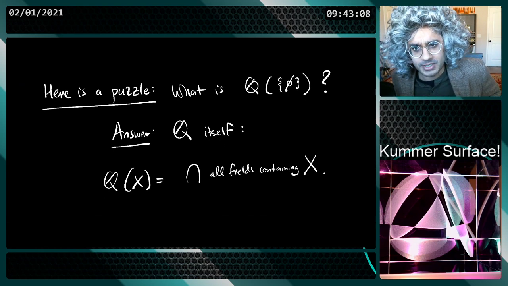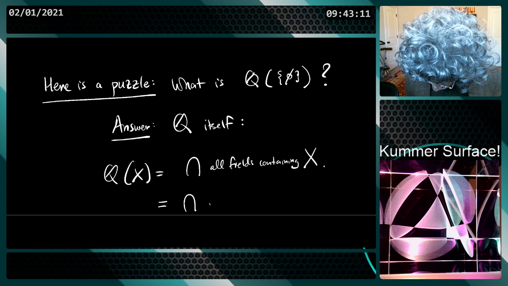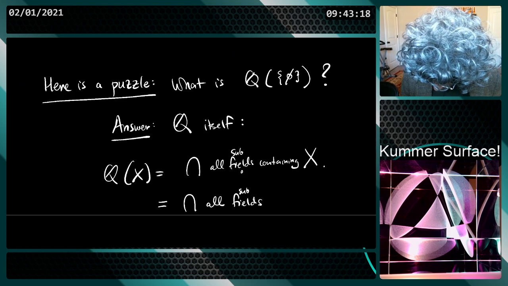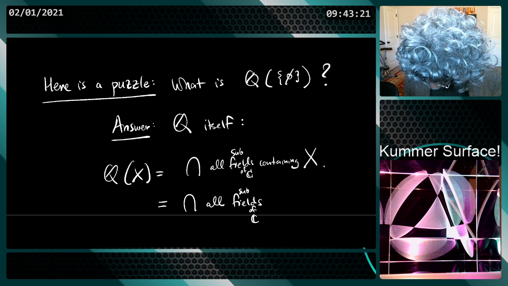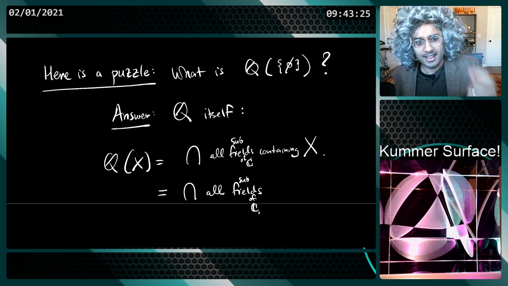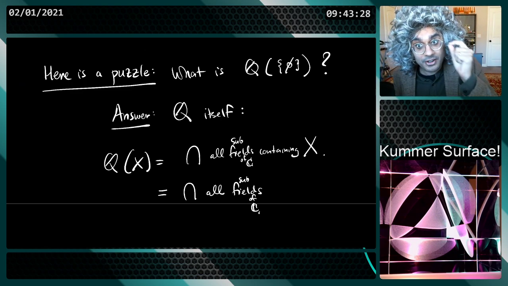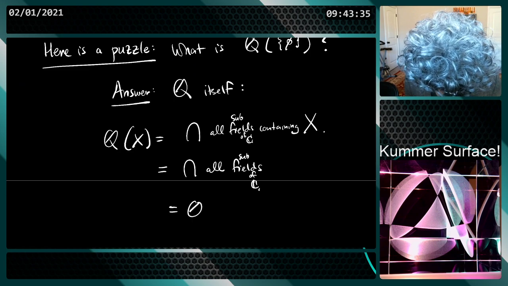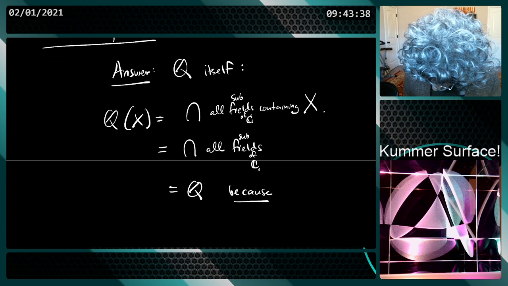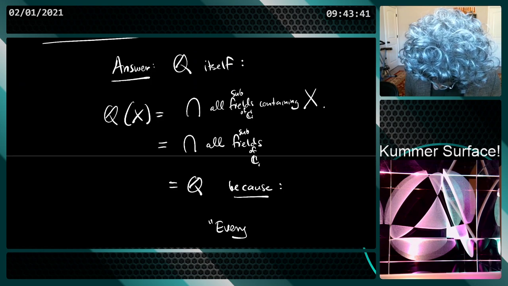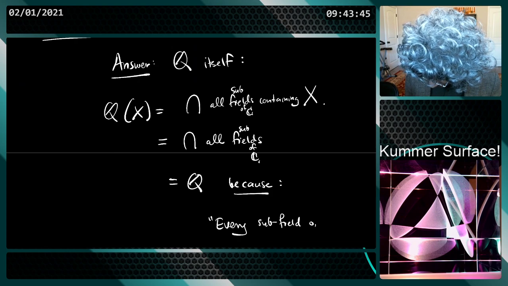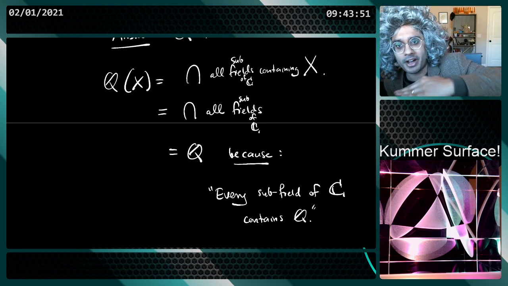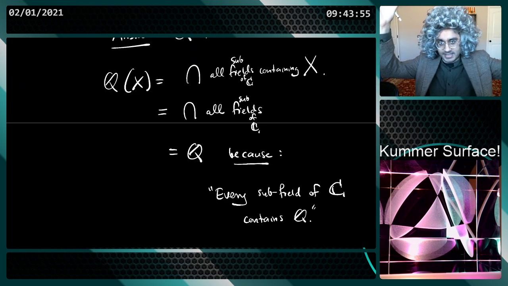But every single field contains the empty set, and not only that, every subfield must contain Q. So in this sense, Q is the bottom of the tree of all fields inside of C. All right?